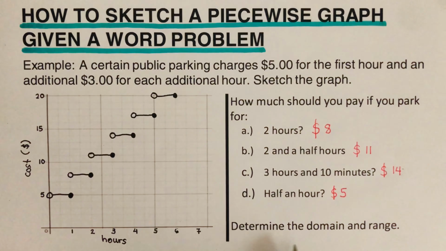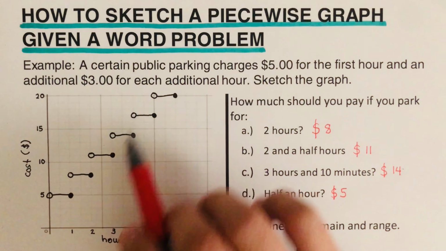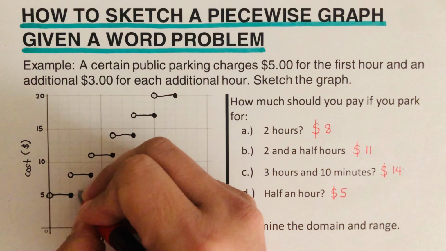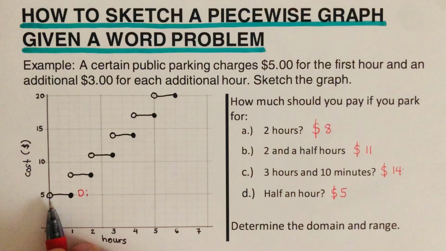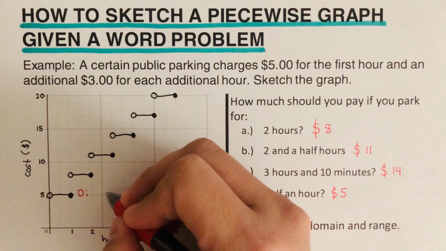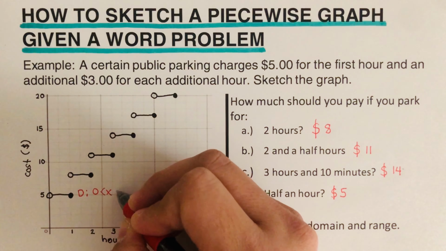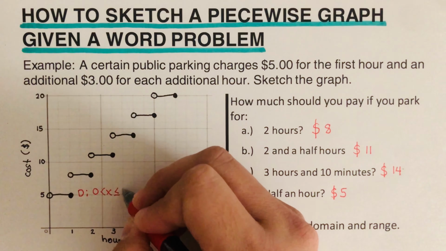Now, we are supposed to determine the domain and range for this. So the domain and range would be for each of these pieces. Let's take this example right here. The domain for the first piece would be x is greater than 0, but less than or equal to 1.